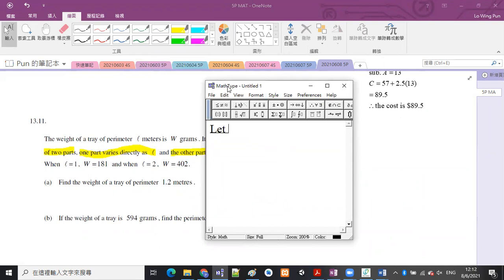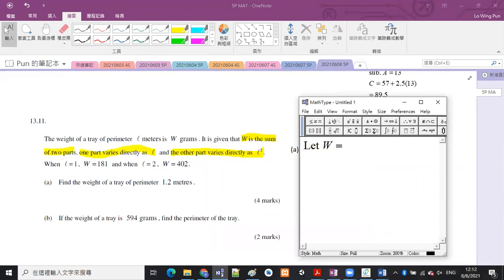Let W, yes. W is the sum of 2 parts. The first part varies directly as L, so I will use a small a to multiply to the L, plus the second part. The other part varies directly as L squared, so it is B times L squared, where A and B are not equal to 0.